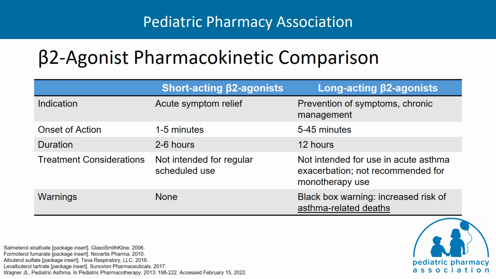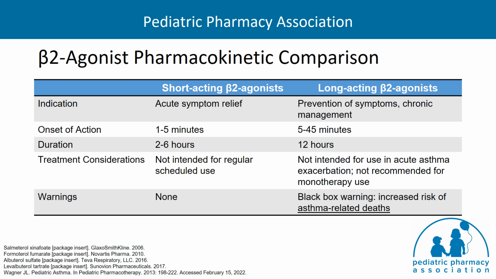Short-acting beta agonists have a rapid onset of action and a short duration of action. These agents, such as albuterol or levalbuterol, are used for acute symptom relief and are not intended to be used as a scheduled maintenance agent or as a single agent treatment option for the management of asthma.